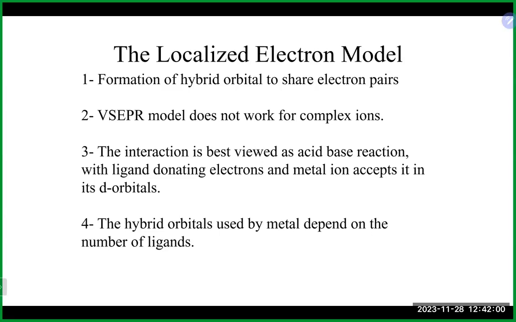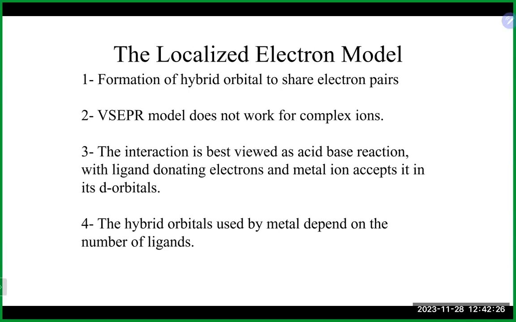and complex ions and what happens with electrons in this. So the formation of hybrid orbitals to share electrons, remember hybrid orbitals: sp, sp2, sp3, sp3d, and so forth. The VSEPR model does not work very well for complex ions. So when we talk about complex ions, as we've been talking, it's really about those ligands and the donating of electrons.